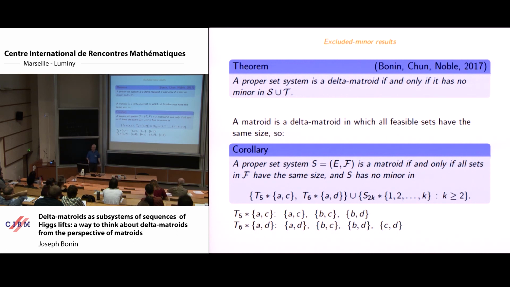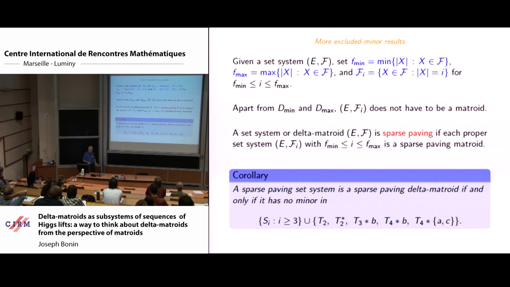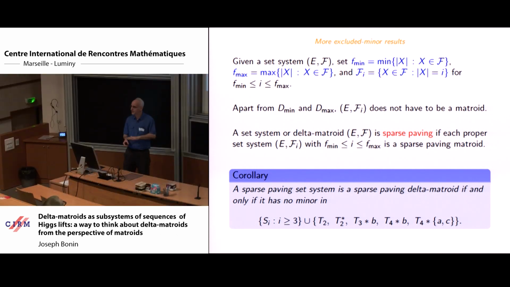And just to end kind of quickly with a few other things, just to flavor things, obviously not details. You could consider delta-matroids. So when you have a delta-matroid and you have all these levels, only the bottom and top have to be matroids, right? What's in between on a given level doesn't have to be a matroid, but it could be. So you could consider stacks of sparse paving matroids or paving matroids.